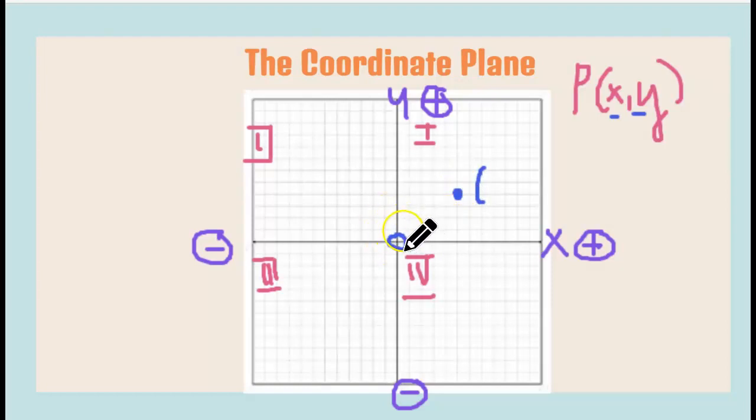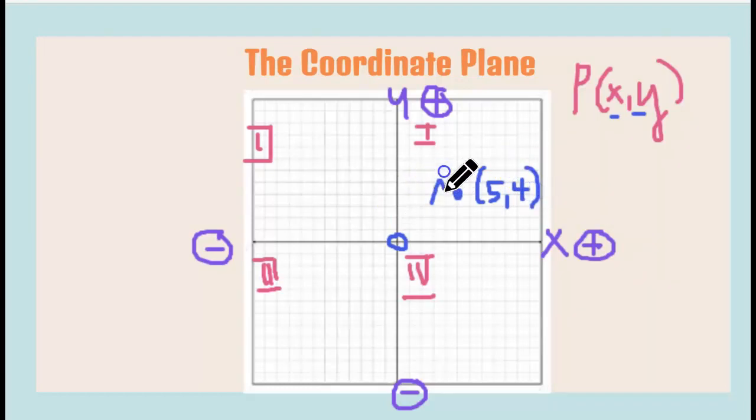You always have to start your point there. From here I got 1, 2, 3, 4, 5. So my x is at 5. The y is 1, 2, 3, 4. You could count it also here, 1, 2, 3, and 4. So the y is at 4.